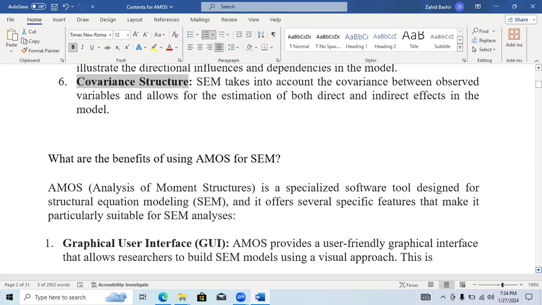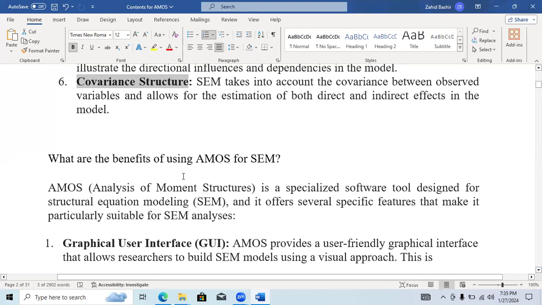Amos would be helpful if your data is normal and your data set has a large number of observations, such as 100, 350, 500, 700, 1000 and so on. So you need to have a greater data set for applying SEM.